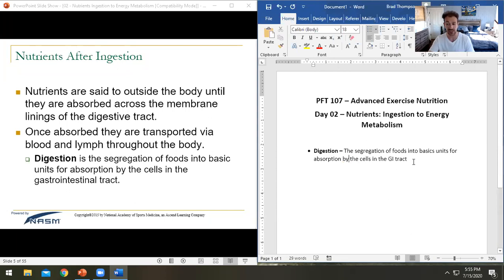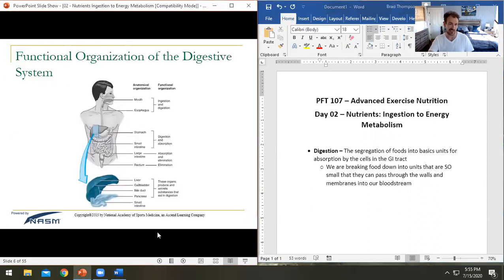We are breaking food down into units so small that they can pass through the walls and membranes into our bloodstream. So we're getting it from the outside to the inside.